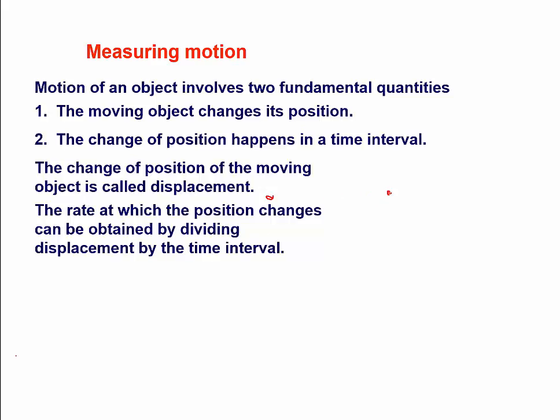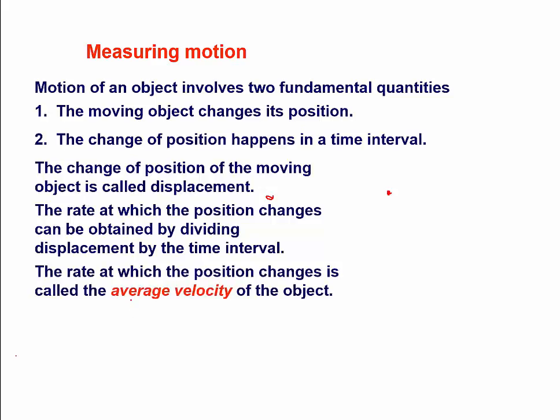If you divide that displacement by the time interval, then you get the rate of change of position. And the rate of change of position is called the average velocity of the object.